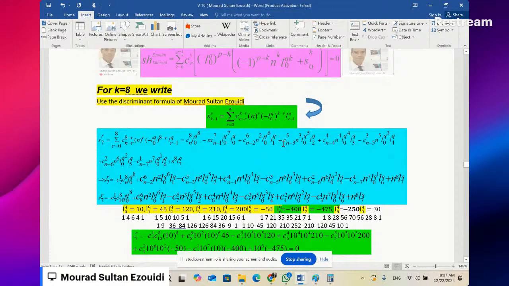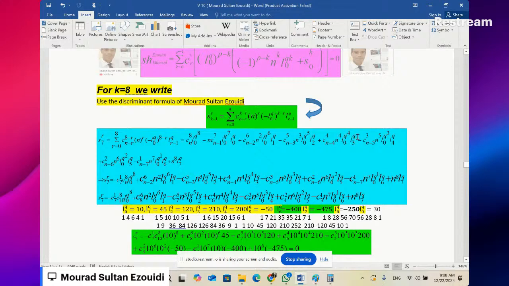When r equals 3, it will be negative, because when a negative number is raised to an odd power it gives a negative sign: minus combination n minus 3 choose 5, n cubed, 0.2 raised to the power 5 times 4.2. When r equals 4, it will be plus, because 4 is an even number, minus 1 raised to an even number is positive: combination n minus 4 choose 4, n raised to the power 4 times 0.2 raised to the power 4.